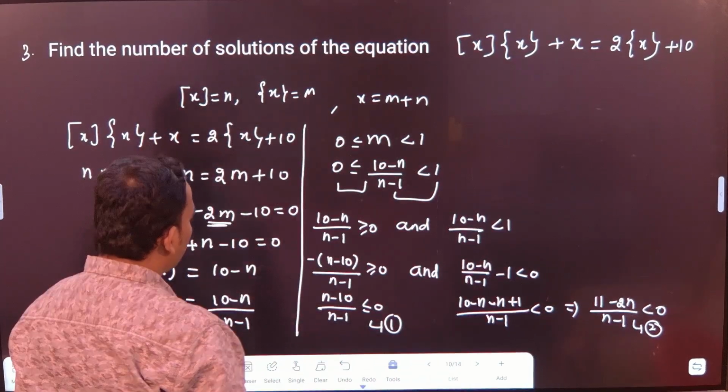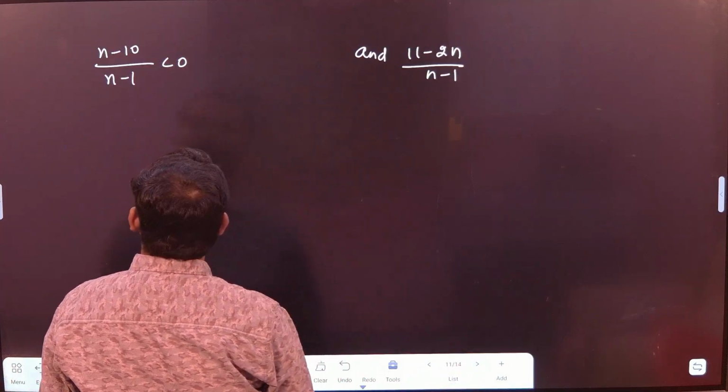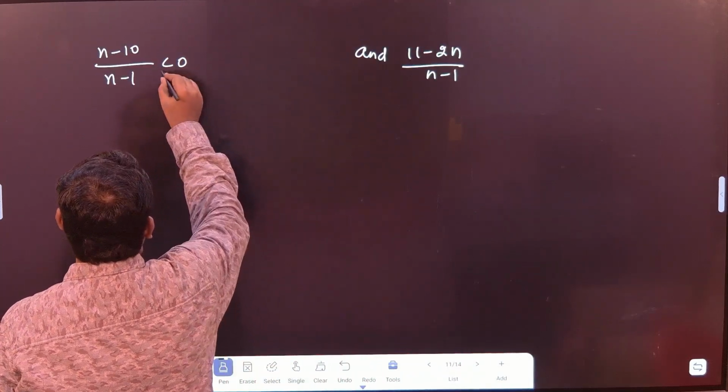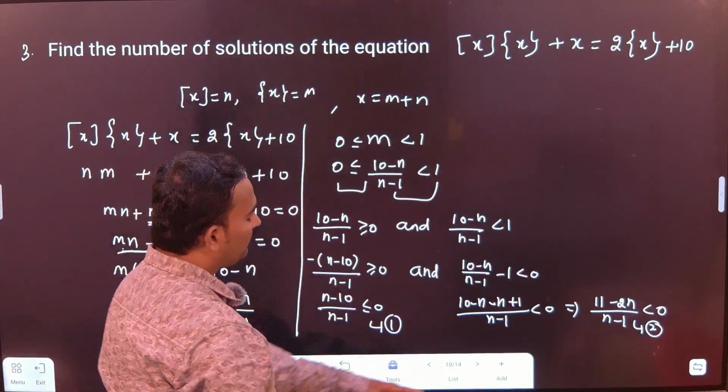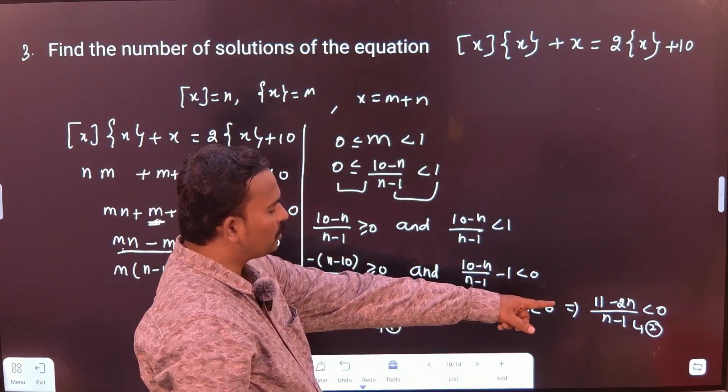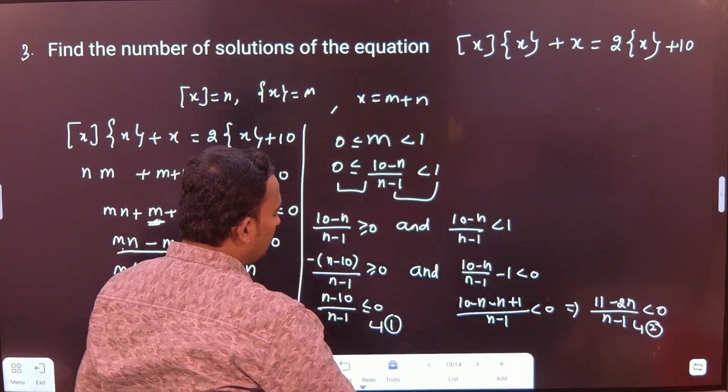Here also less than or equal to 0. Here strictly less than 0. You have to be very careful here. 11 minus 2n by n minus 1 strictly less than 0.